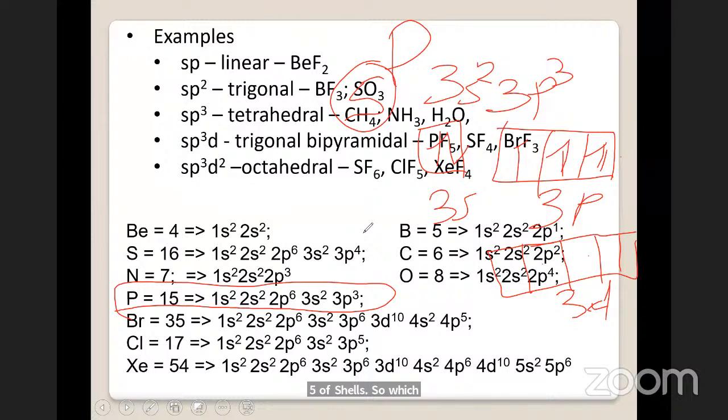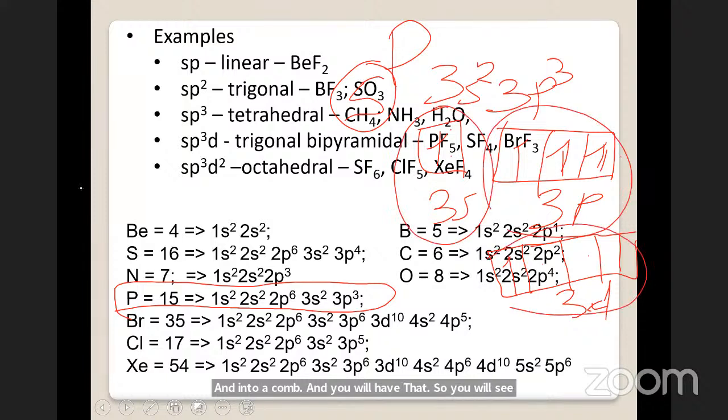So which means that this electron will be repelled into the 3d orbital. So that electron will be removed, and it will come here, and you will have that.